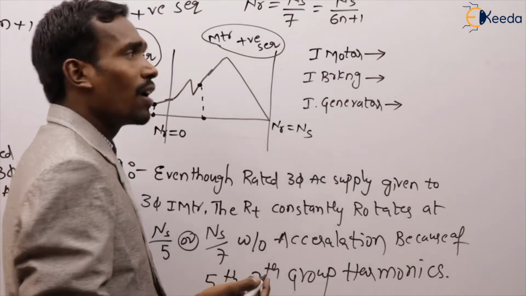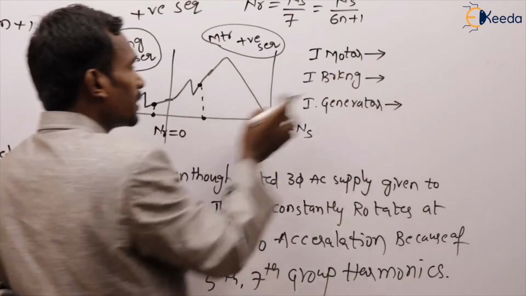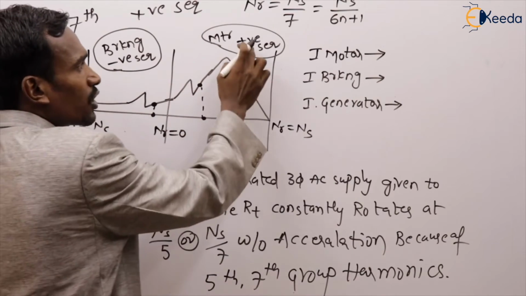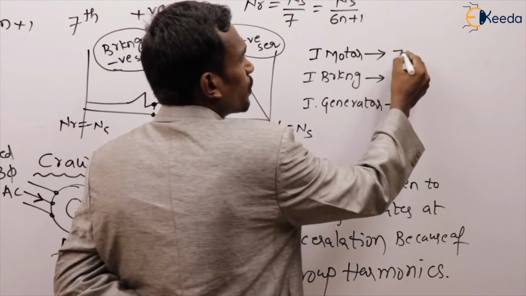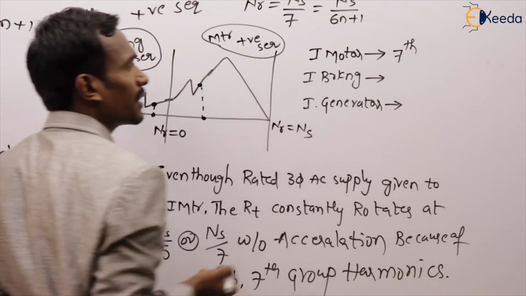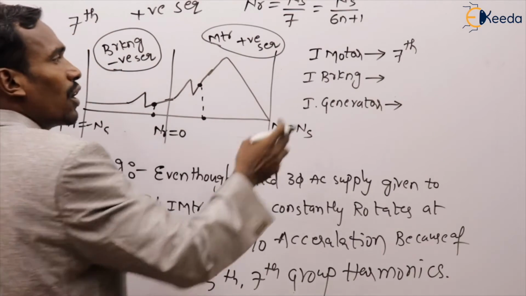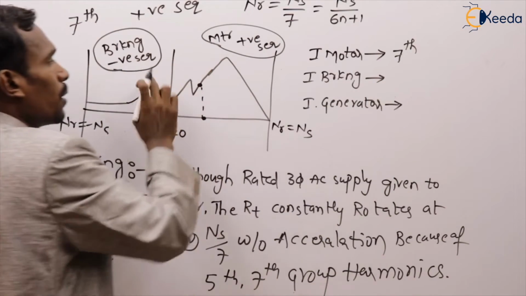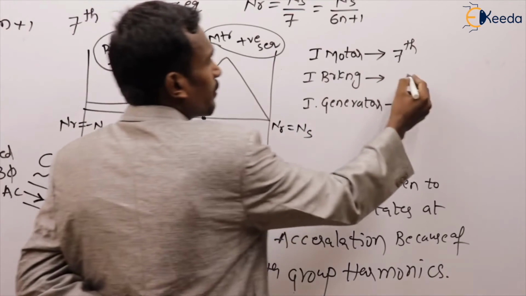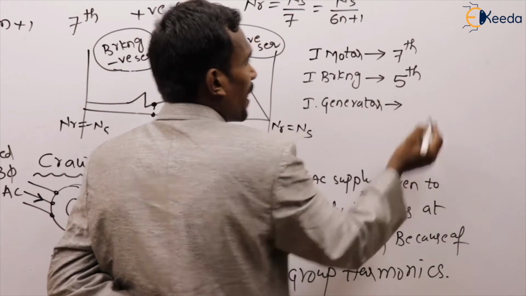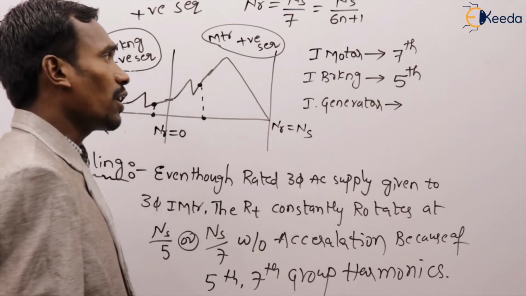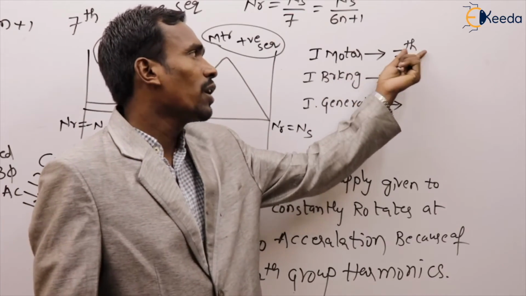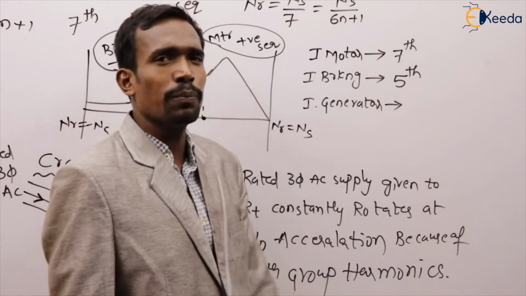Tell me. Crawling in induction motor is due to positive sequence harmonics, nothing but seventh group harmonics. Crawling in induction braking is due to negative sequence harmonics, nothing but fifth group harmonics. Crawling in induction motor, seventh group. Crawling in induction braking, fifth group.